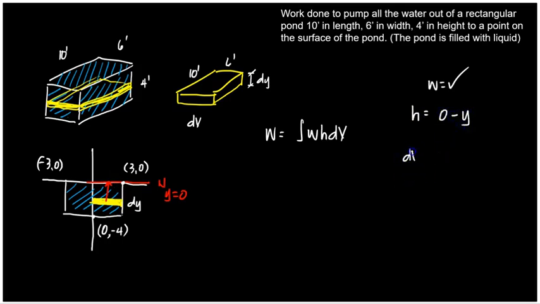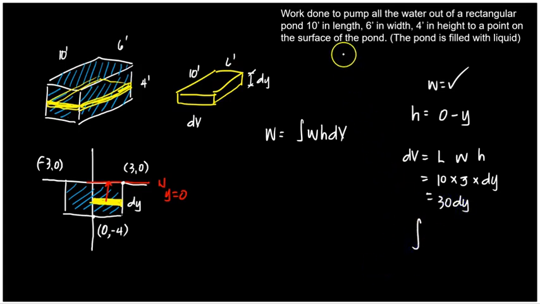And then for the dv, in my case, the dv is simply length times width times height. The length is constant at 10. The width, for me, is constant at 3 because I'm using only half, times the height, that is dy. So in this case, it's 30 dy.